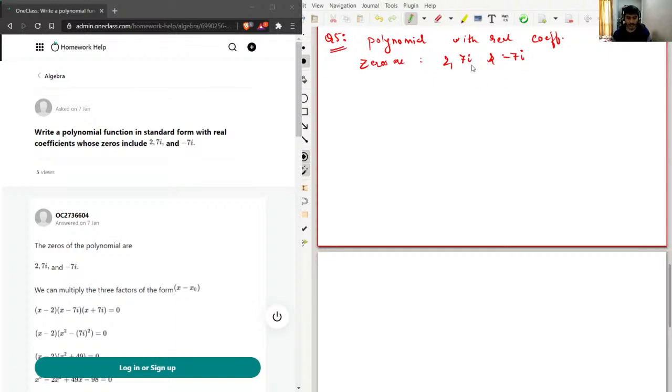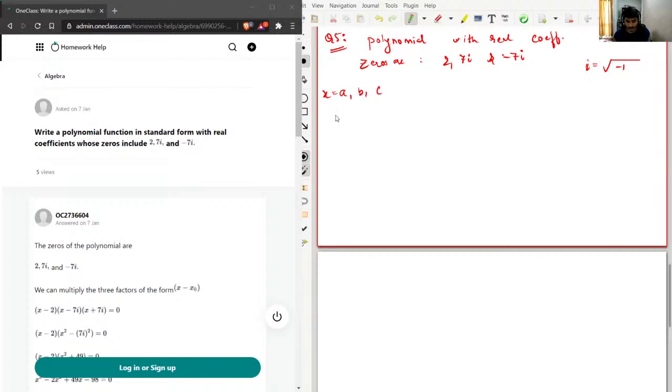If you don't know what i is, i is the square root of negative 1, so basically it belongs to the family of complex numbers. To find the polynomial, let's say the zeros of the polynomial are a, b and c.